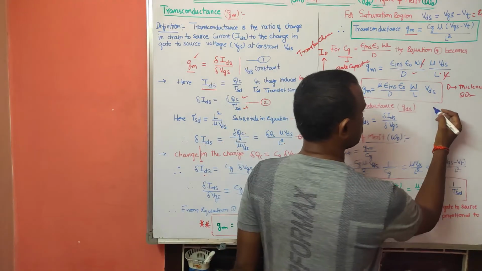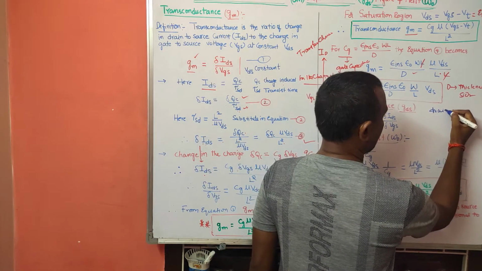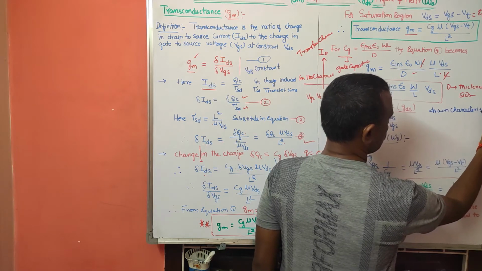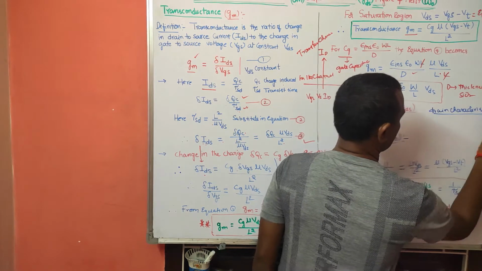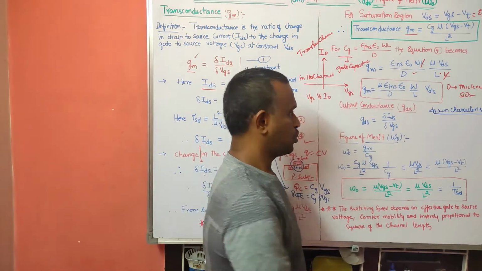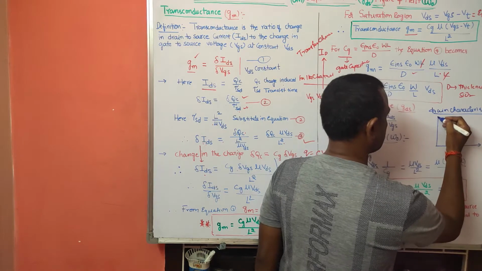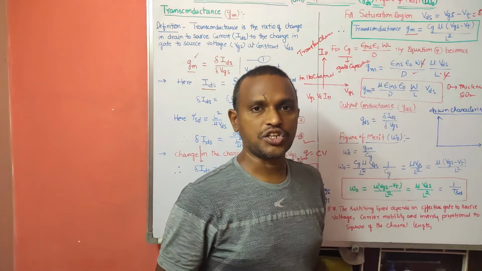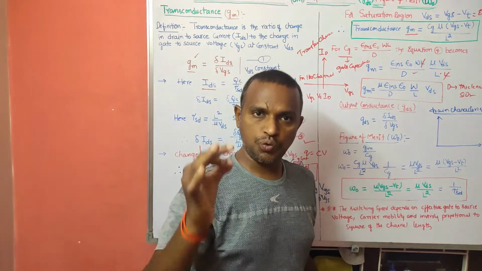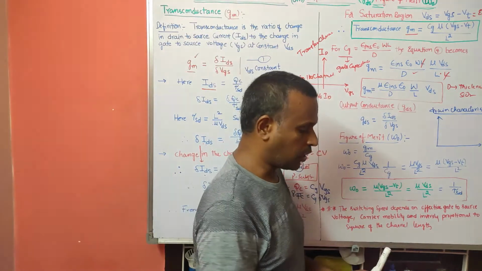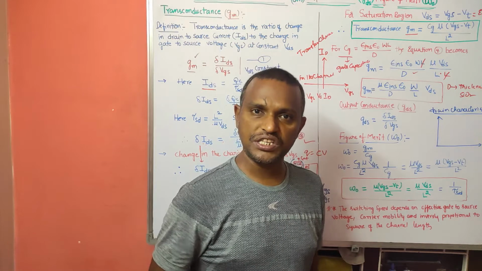Here I will show that. Drain characteristics are drawn between the drain to source voltage and the corresponding drain to source current, at a constant value of VGS.